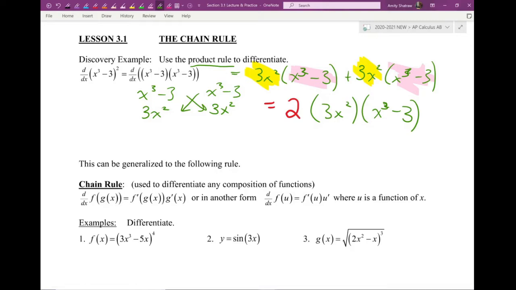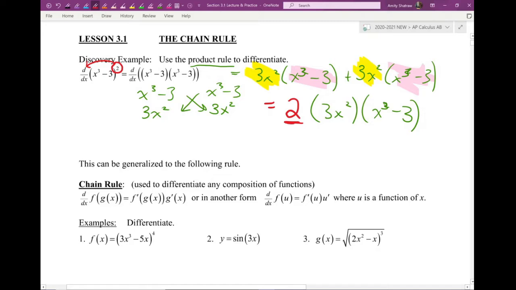Well, actually, it turns out when you use the chain rule, what you will notice is that if I had something that was squared, I want to do this in red, and I took the derivative of it, wouldn't I end up with a 2 on the outside?